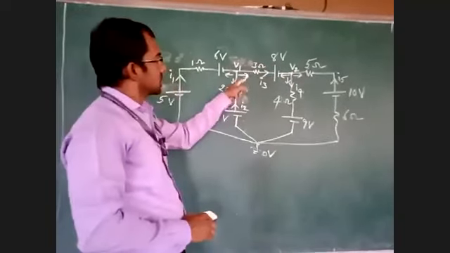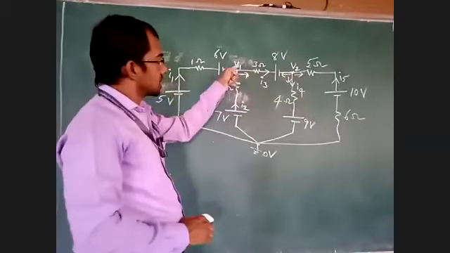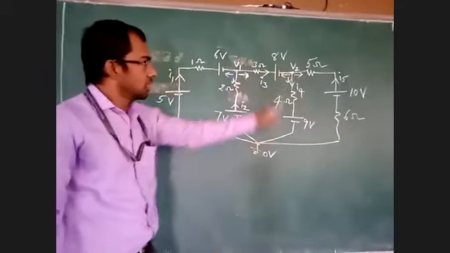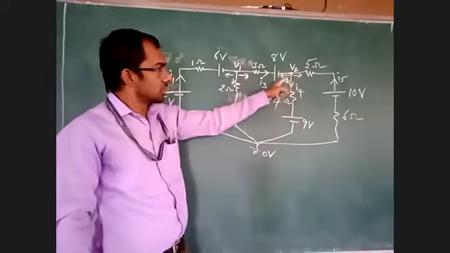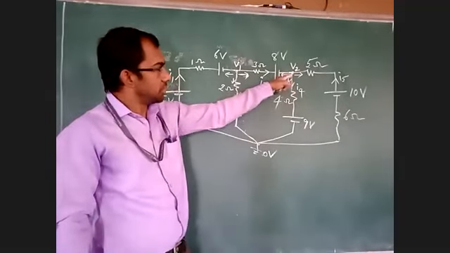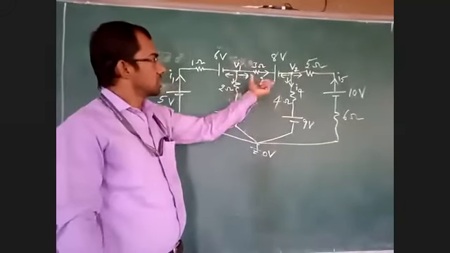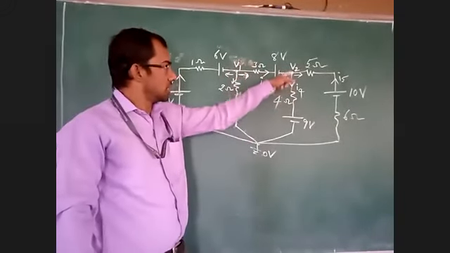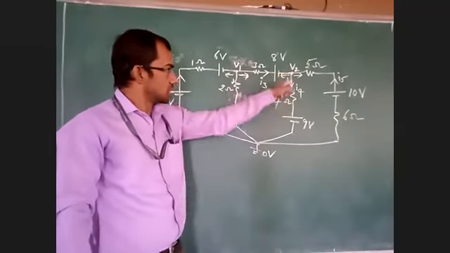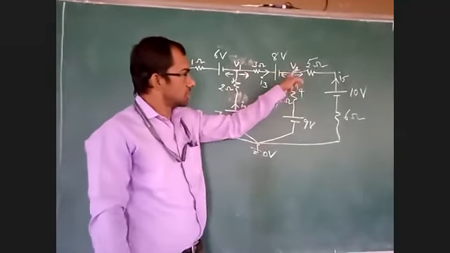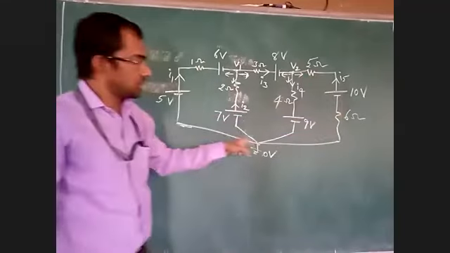If you consider this arrow like this, V1 is at higher potential, V2 is at lower potential. If you are considering this node equation, then you have to consider V2 minus V1. This arrow is moving from V2 to V1. Now this arrow is clear. In between V2 and 0, this arrow is moving, from V2 to 0.